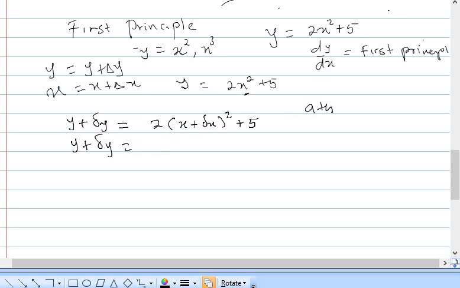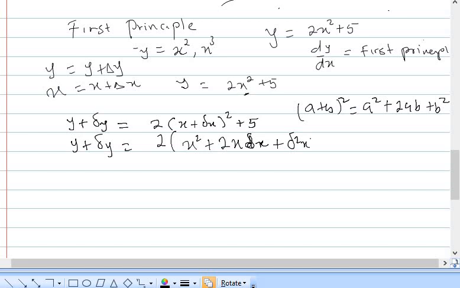If you have a plus b whole squared, you can say a squared plus twice ab, then plus b squared. So here we have 2 outside the parenthesis. Here we have x squared plus twice x and del x, that is 2x del x, plus del x squared. You just need to open the bracket.